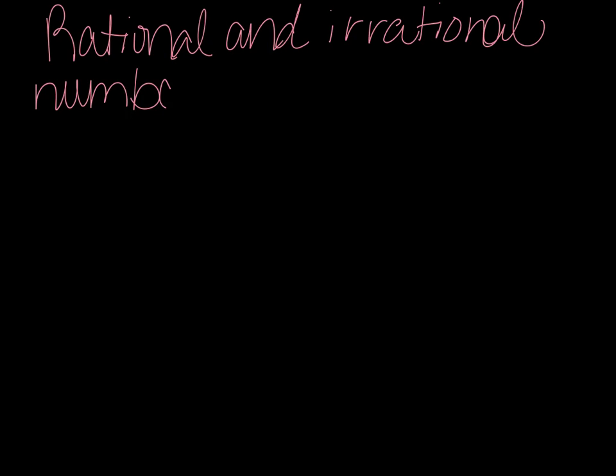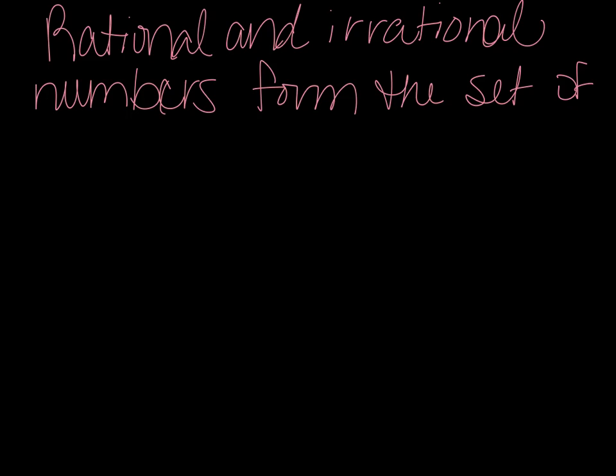Alright, the first thing I know about rational and irrational numbers is that they form a set of real numbers. So that's what my first sentence is going to be. Rational numbers and irrational numbers form the set of real numbers.